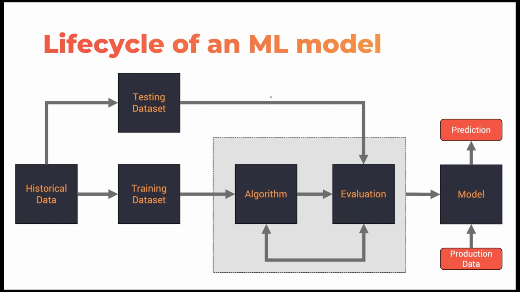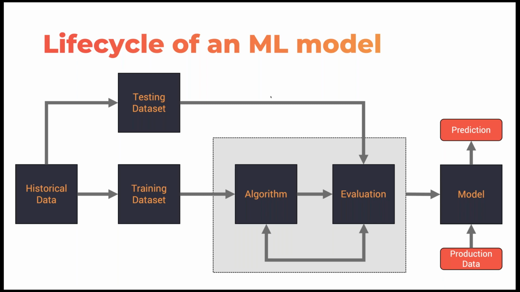We iterate over this process multiple times till the outcome of the evaluation is satisfactory. Once the evaluation is up to the mark, we move the model into production, and it is set for inferencing. In inference, we send production data for the model to perform predictions. This is the second life of the machine learning process. The first one is training, the second one is inference.